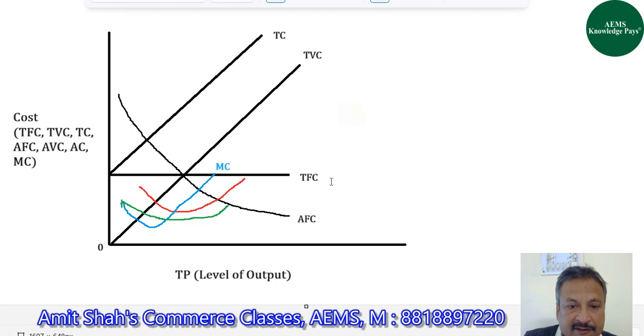The blue one, guys, is marginal cost curve. The red one is average cost curve. The green one is average variable cost curve.